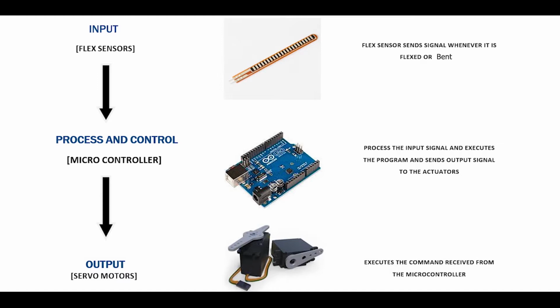Here, the microcontroller, that is Arduino Uno, that interfaces the animatronic hand, assesses the signal from the sensor and executes function based on the preloaded program. The actuators, that is servo motor, acts as an output device that executes the action based upon the signal received from the microcontroller device.